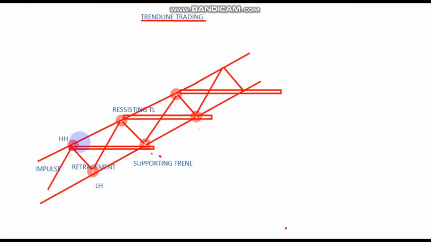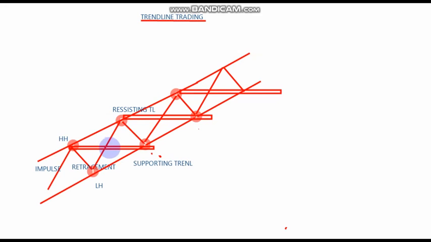Now the concept is the internal support and resistance. You can see this internal support and resistance. The price gave us an impulse. It could not break this resistance. It came back down, and it saw a support trend line here, supporting trend line. It went back, and it broke the resistance. You see, once it broke a resistance, now there's an interchange of the roles. Now we break this area, we have now what we're calling support and resistance. You understand better.